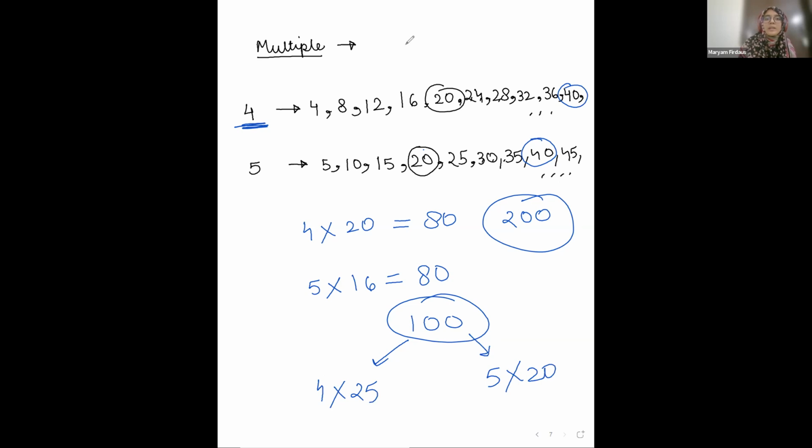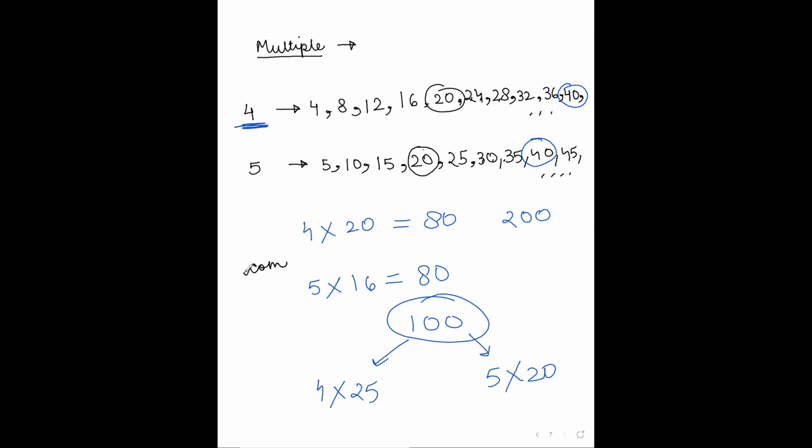So now answer the question, how many common multiples will these two numbers have? Infinite. Yes. So common multiples are infinite. Yes, very good.